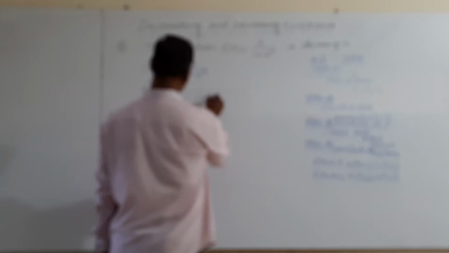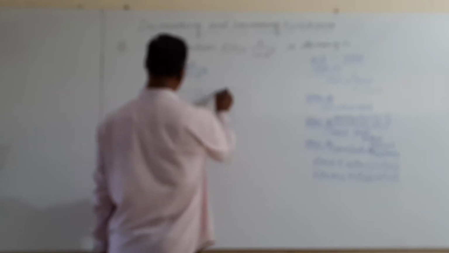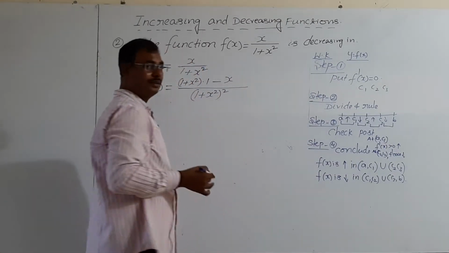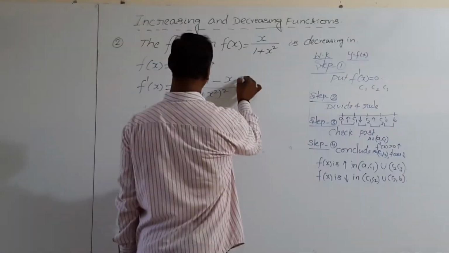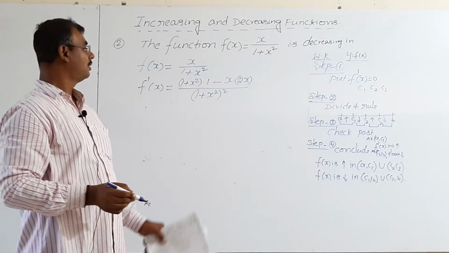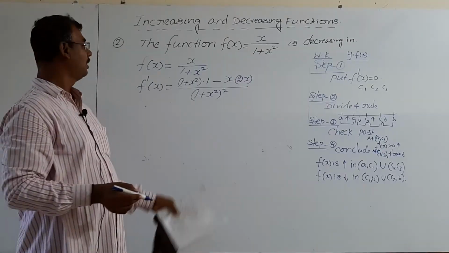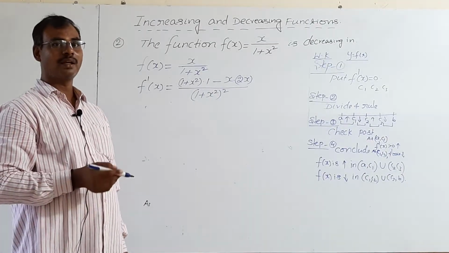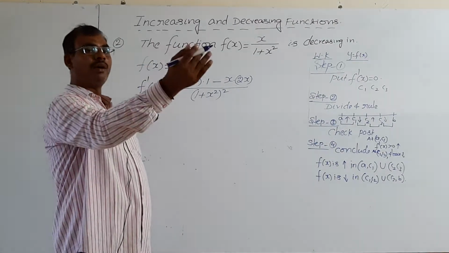Square of the denominator first, then denominator as it is into derivative of numerator, minus numerator as it is into derivative of denominator.